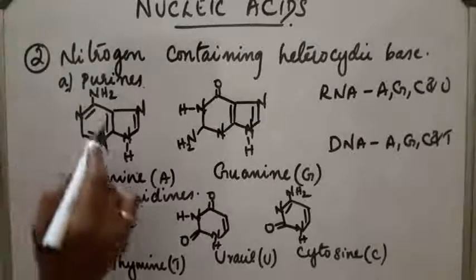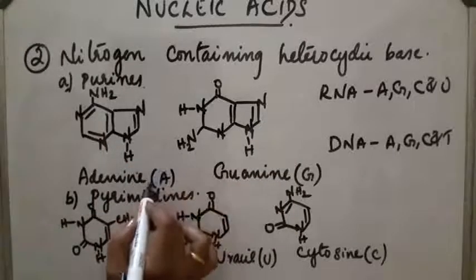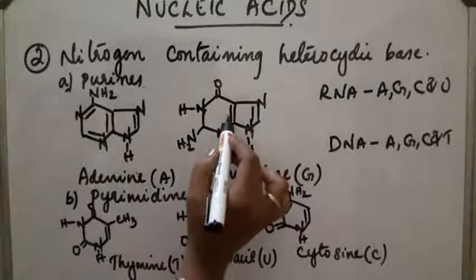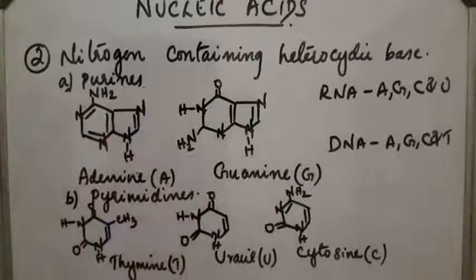Purines contain adenine, denoted by A, and guanine, denoted by G. The second class, pyrimidines, contains three: thymine denoted by T, uracil denoted by U, and cytosine denoted by C. These are the 5 nitrogen containing heterocyclic bases present in nucleic acids.